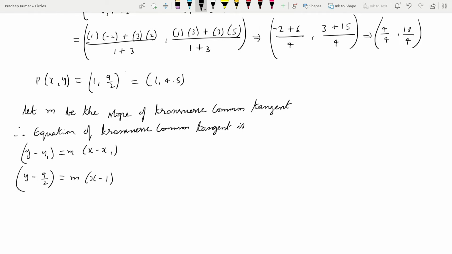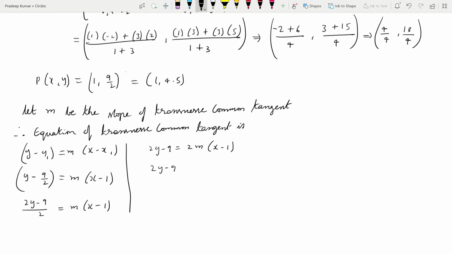So let's solve this further. I can take the LCM. This is 2y minus 9 whole by 2 equal to m into x minus 1. If I send this 2 to the other side, we get 2y minus 9 equal to 2m into x minus 1. Let's multiply the 2m inside and see what we get.